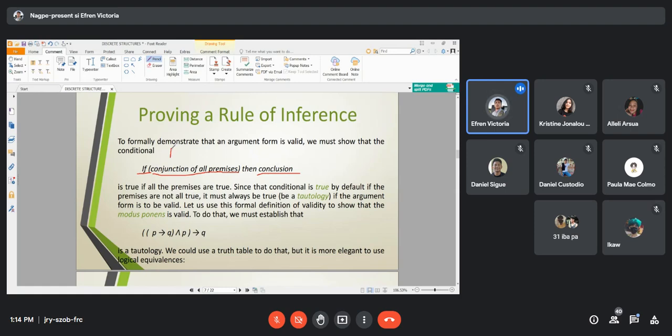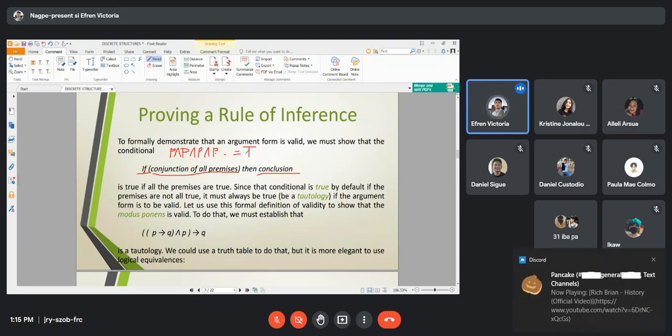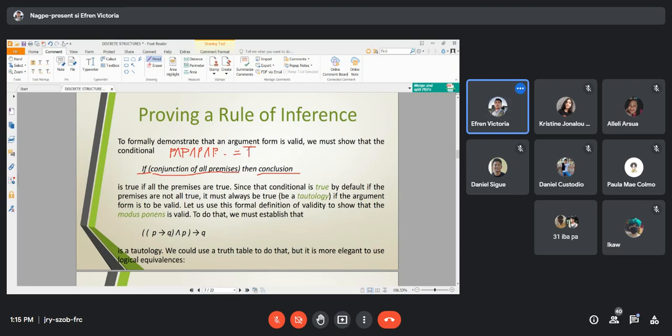Kasi conjunction natin is and. So, premise 1, premise 2, 3, 4, and so on and so forth. Dapat dyan maging true. Okay? So, kung may isang magpo-false dyan, magiging false yung conclusion natin. Diba?